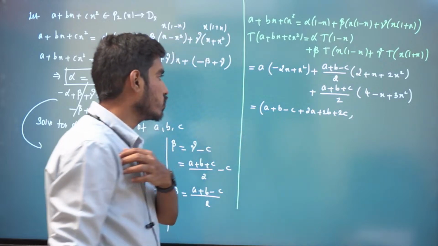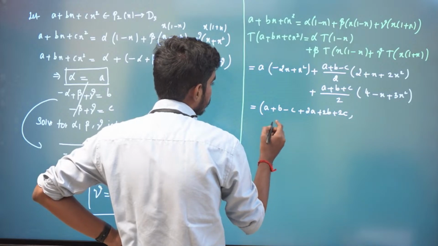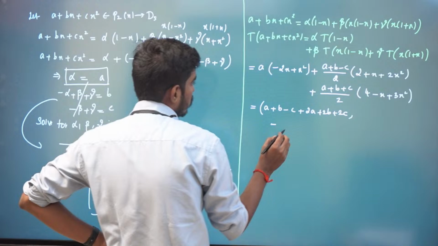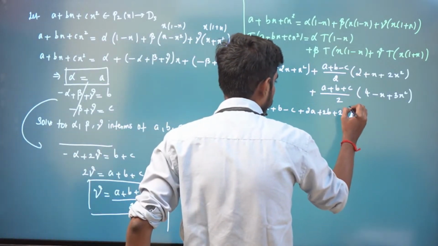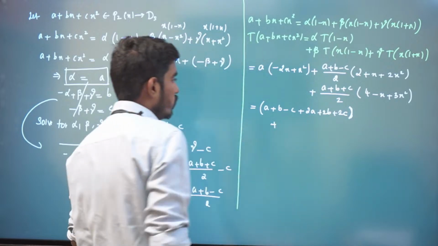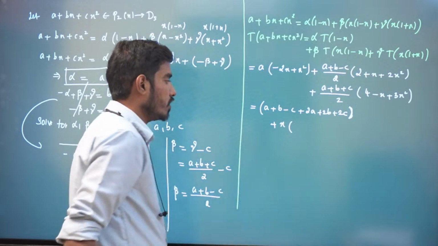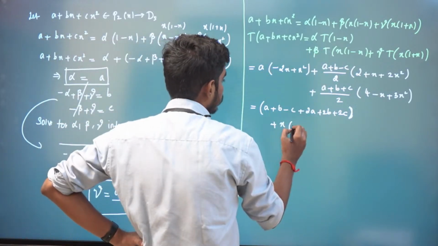Now you collect all the x terms. Here you will have minus 2a.